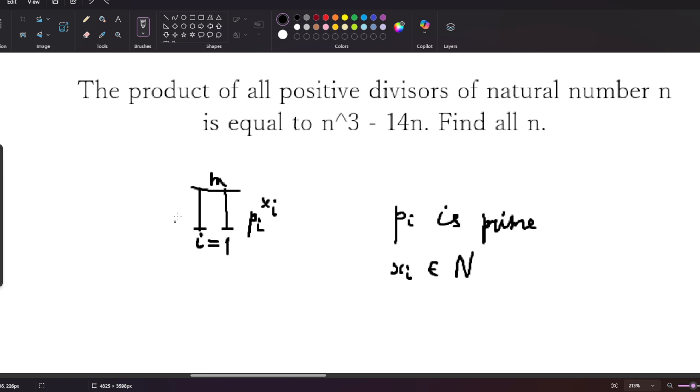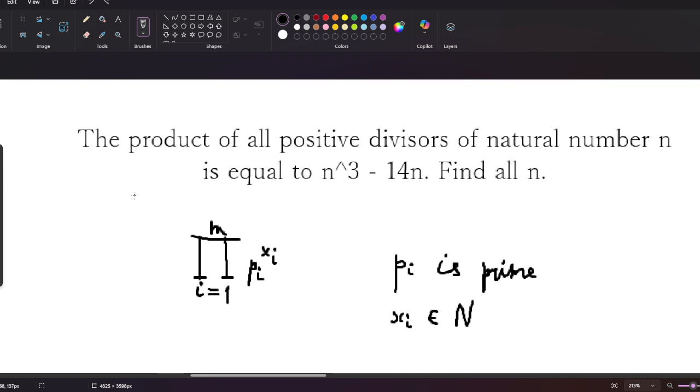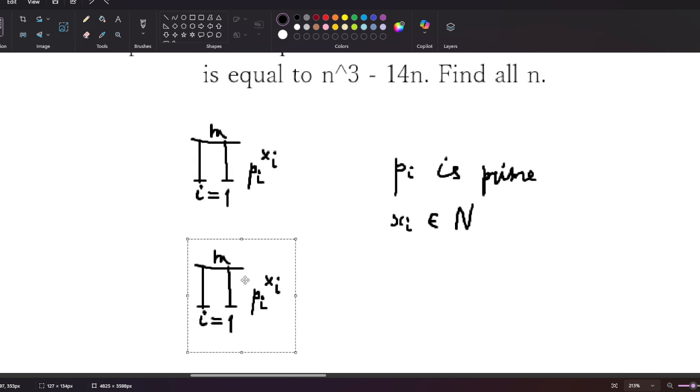So now that we have this established, we have to express the divisors somehow.